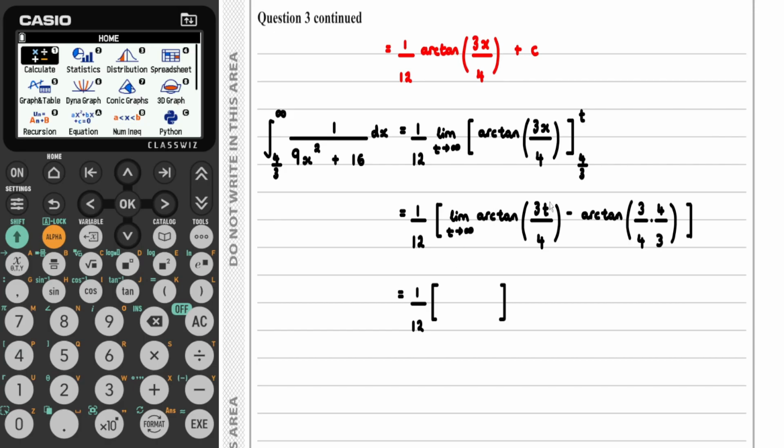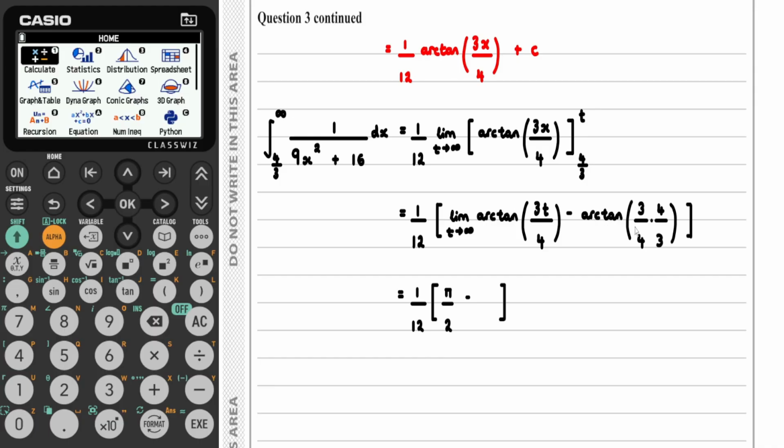Now, as t gets very, very big, in other words, we go to infinity, the inverse tan of infinity essentially will be pi over 2. You can think of this as where the asymptote is.